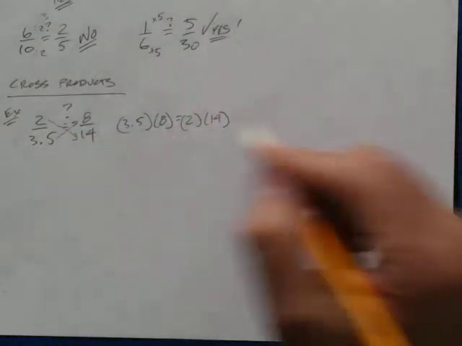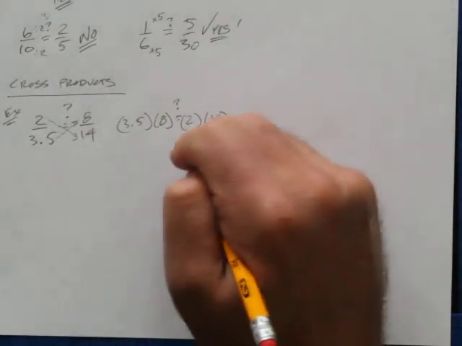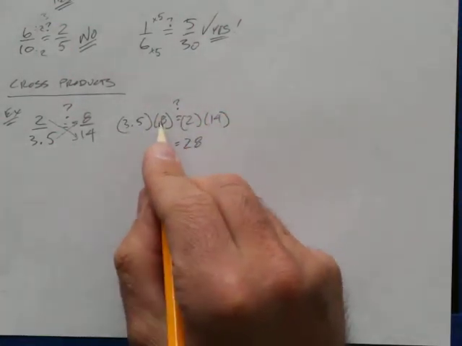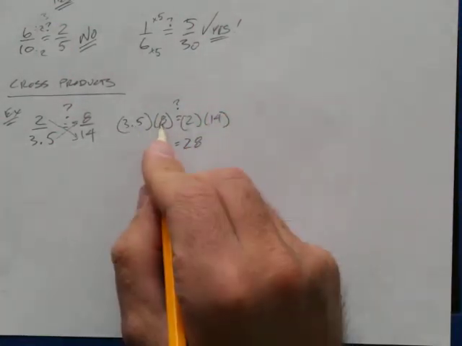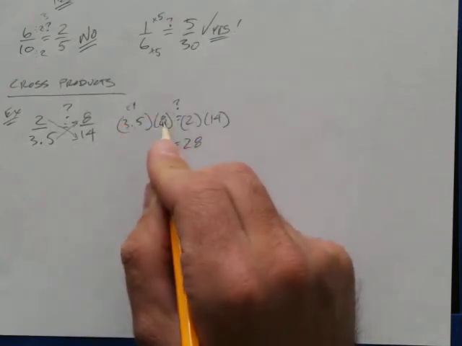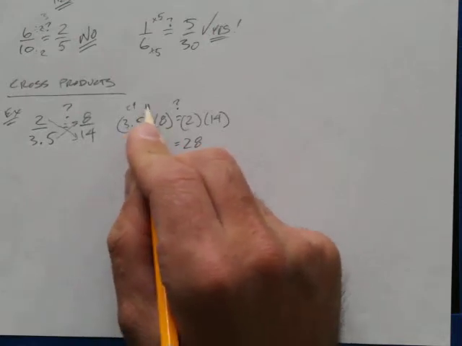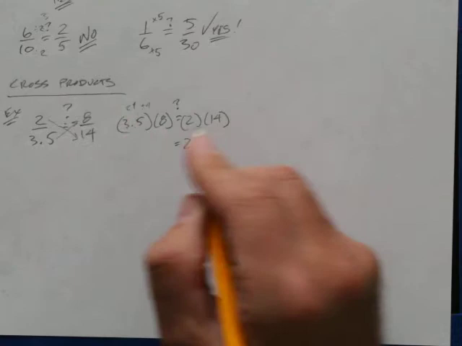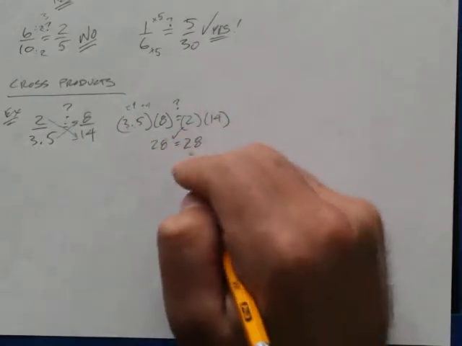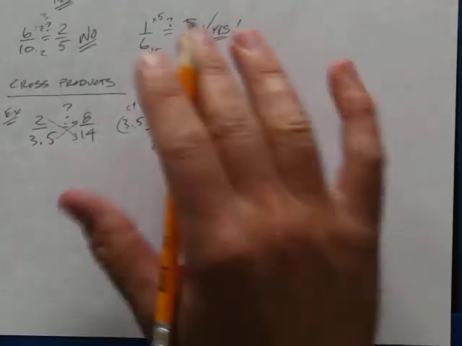And then we see, are these going to be equal? 2 times 14 is 28. Now, 8 times 3.5. 8 times 3 is 24. 8 times 0.5, or half of 8, is 4. So 24 plus 4 is 28. Yes, these are equivalent ratios.